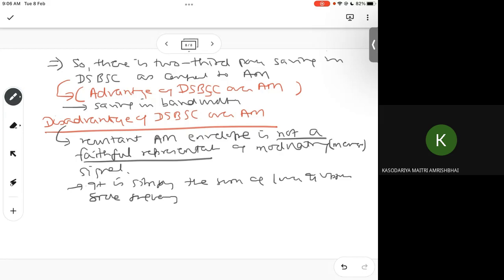So your bandwidth, which earlier used to be FC minus FM and FC plus FM, that will not be there because FC is no more there. So it is a lot of saving in the bandwidth. So these are the two advantages which I put here, highlighted here, 1 and 2.